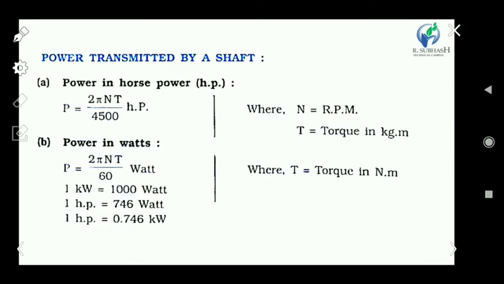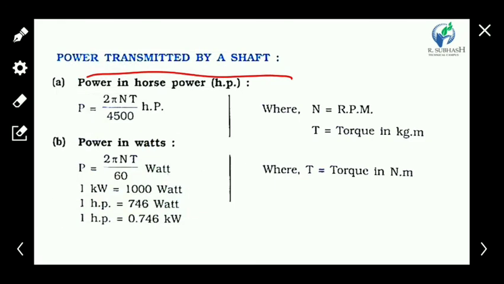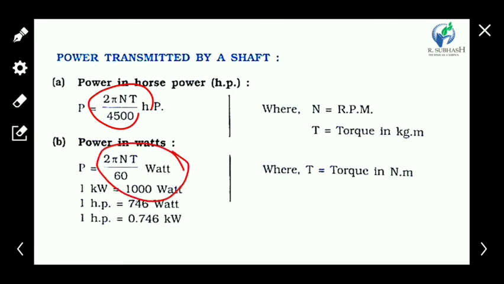And now the next topic is power transmitted by the shaft. To find the power transmitted by the shaft, the equation, which we know very well, is P equals 2 pi NT upon 60 in watts, in SI units.